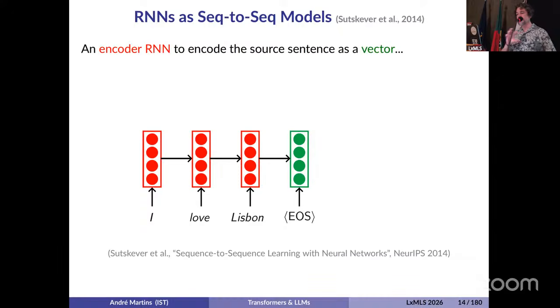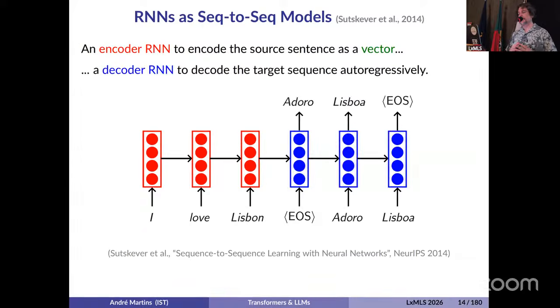So we need an encoder RNN to encode the source sentence in English. Okay. So if we feed it through an RNN, it's going to produce some vector that corresponds to the end of sentence symbol. And then there's going to be a decoder RNN that we are going to use as an autoregressive language model. So you can think of this as a conditional language model, where at each step it's going to produce a word, and then that word is used as input to the next time step, and so on and so forth.